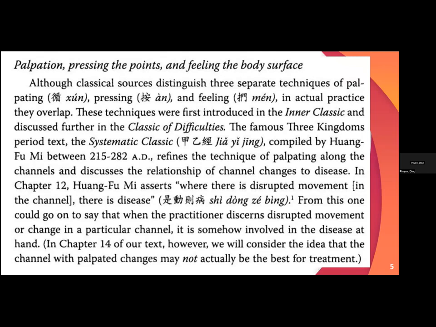The famous Three Kingdoms period text, the Systematic Classic, compiled by Huangfu Mi between 215 and 282 AD, refines the technique of palpating along the channel and discusses the relationship of channel changes to disease. In Chapter 12, Huangfu Mi asserts where there is disrupted movement in the channel, there is a disease.